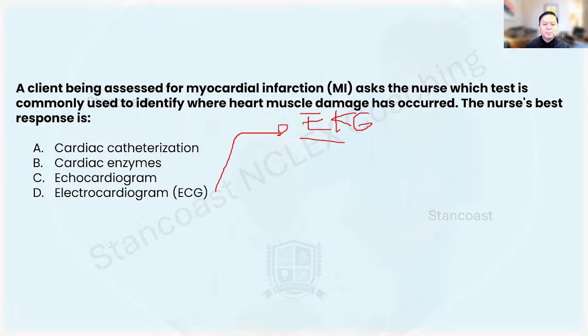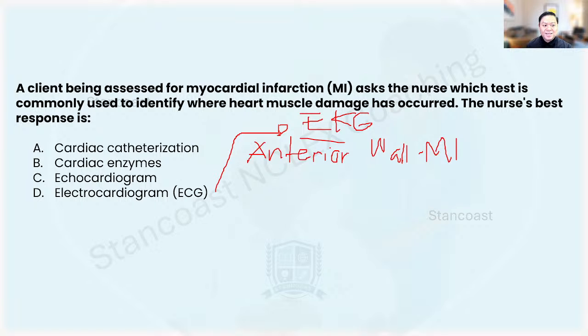For example, if there is what we call an anterior wall MI, like what we have in the previous scenario, and again, this is the end result whenever there is an occlusion in the left anterior descending coronary artery.